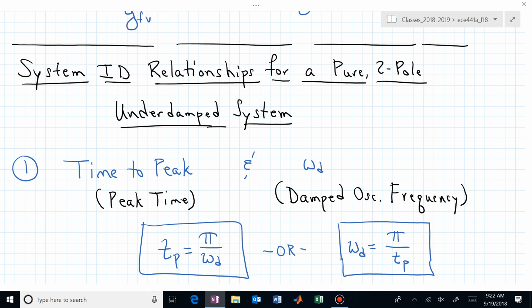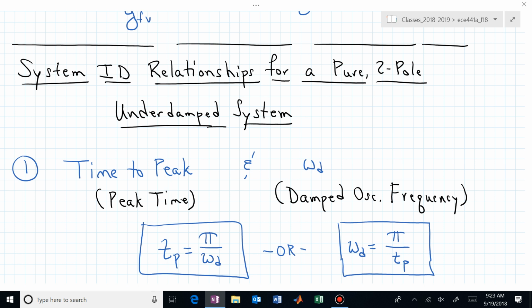And what's omega sub d? That's the damped frequency. That's how far that pole is away from the real axis in the vertical direction. If I wanted a smaller time to peak, what would I need from omega sub d? It needs to be bigger, so we need to be further away from the real axis. We want to shorten our peak time, so we need to make our oscillatory frequency bigger.